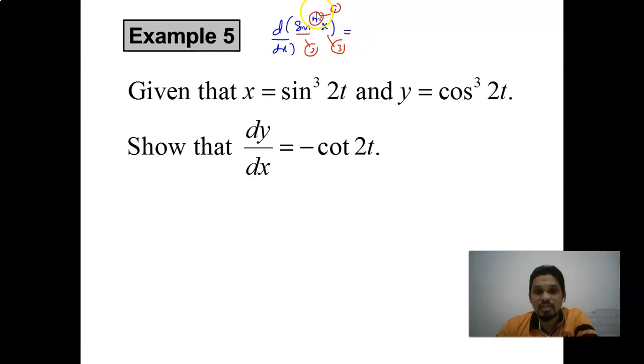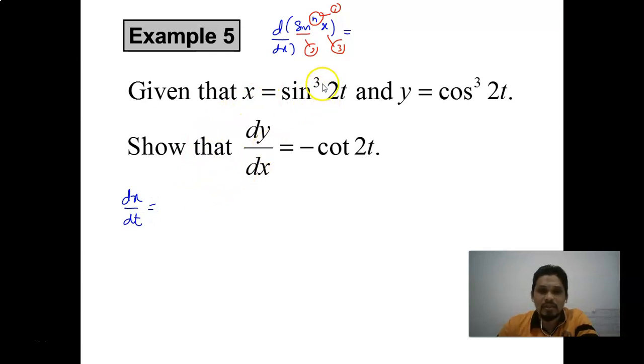So we differentiate the index first, the power n, then the trigonometric function, here sine, and then x, the last one.